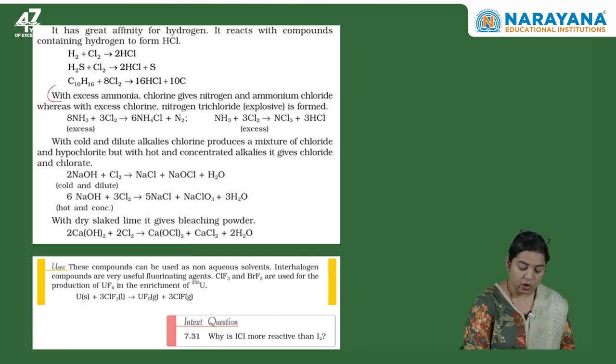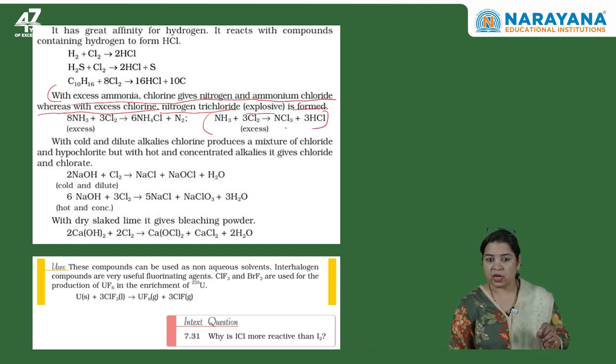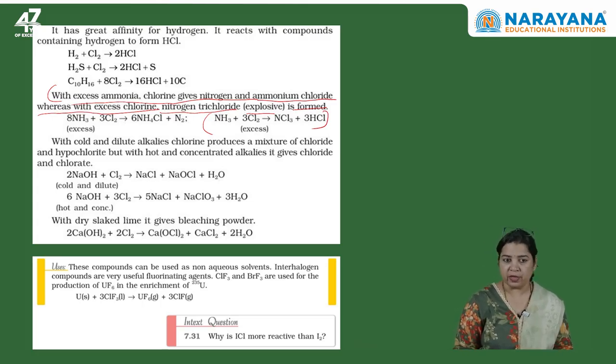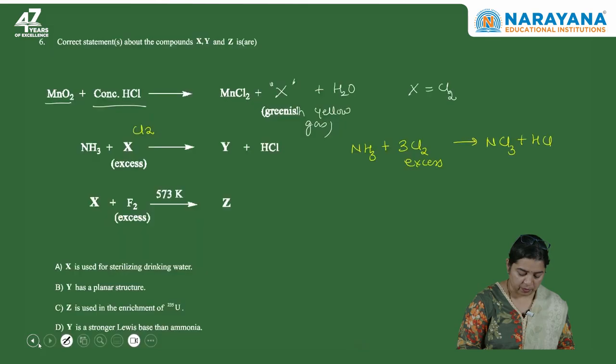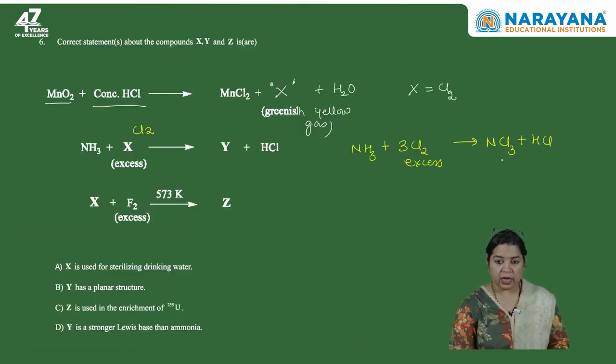With excess ammonia, chlorine gives nitrogen and ammonium chloride, whereas with excess chlorine, nitrogen trichloride, which is an explosive, is formed. So this reaction is used by JEE for this question: ammonia plus excess of chlorine forming NCl3. Right? So coming back to our question, it was ammonia plus excess of chlorine, NCl3.